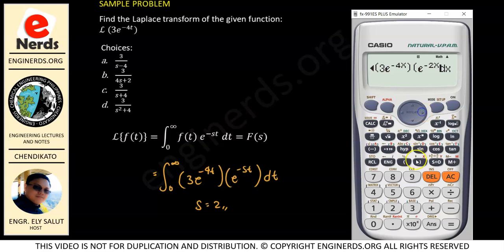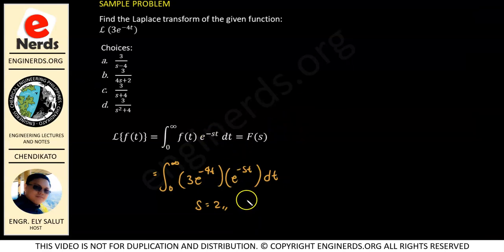Okay? Then dt. Now we're going to assign our limit. So this will be from 0 to infinity. But for this infinity, we can assign any number. Here I will use 8 again. Okay? Then we'll hit the equal sign. And our answer here is 1/2. Okay? So I will take note, our answer is equal to 1/2.